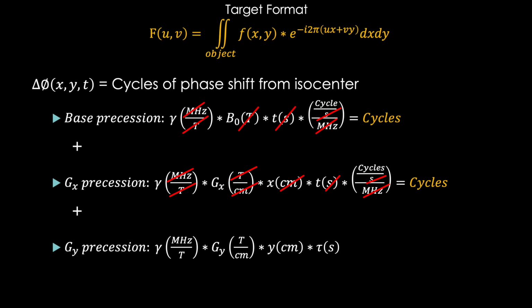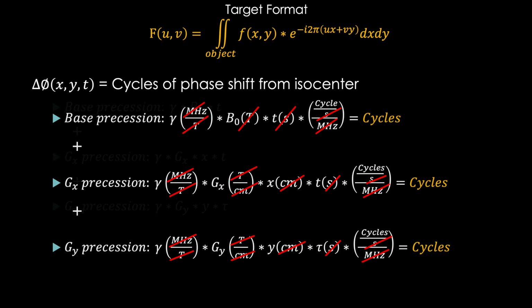From here, the Teslas cancel out, as do the centimeters. We define a hertz once more. The megahertz terms drop out. The seconds drop out. And what are we left with? Cycles. So yes, in fact, we can do this.